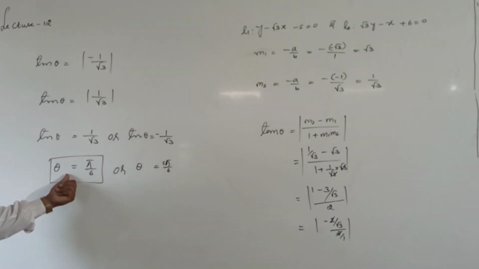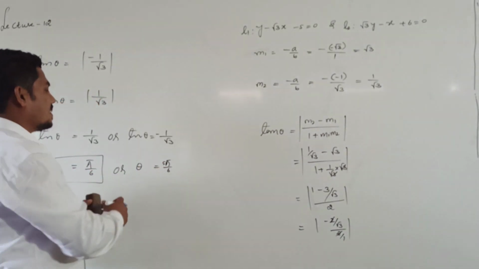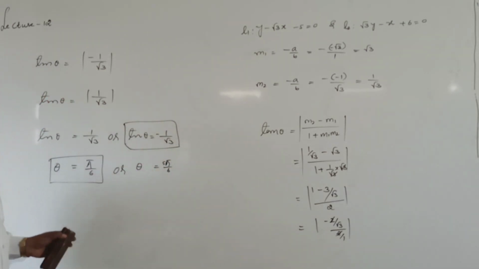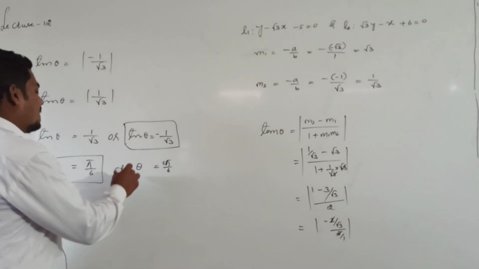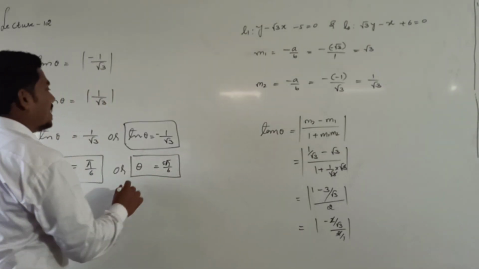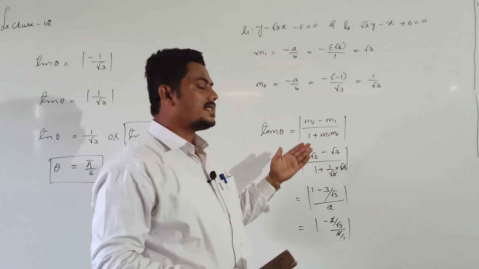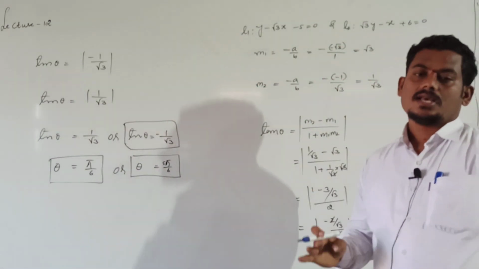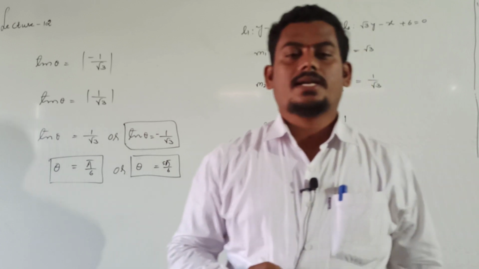One angle is pi by 6, the other angle is 5 pi by 6. The angle between these two lines is either pi by 6 or 5 pi by 6. Both the angles are possible.